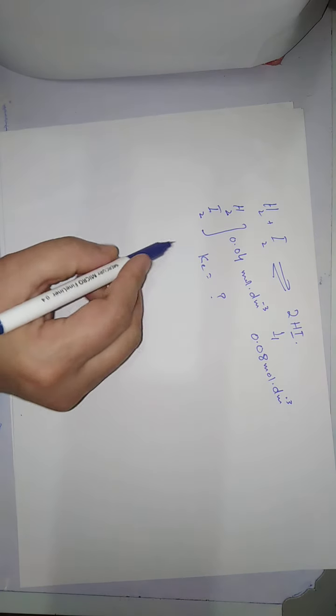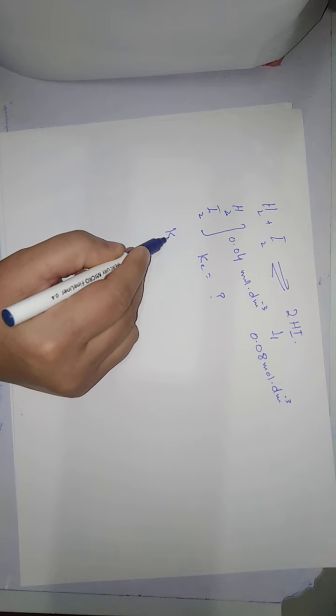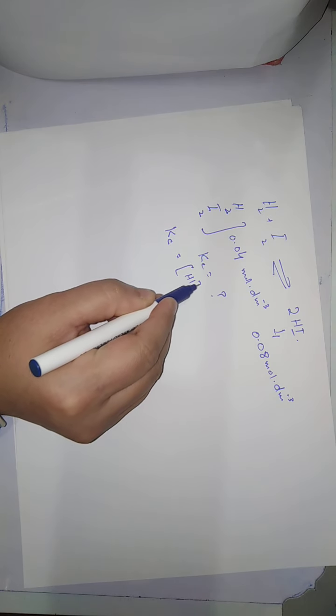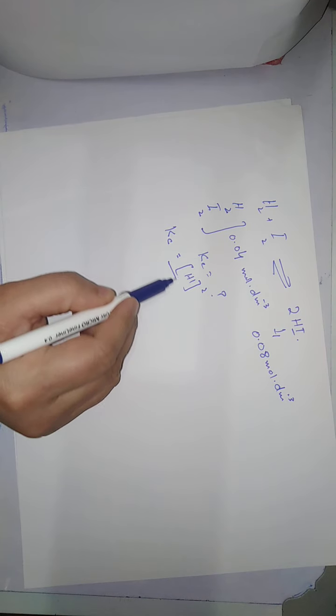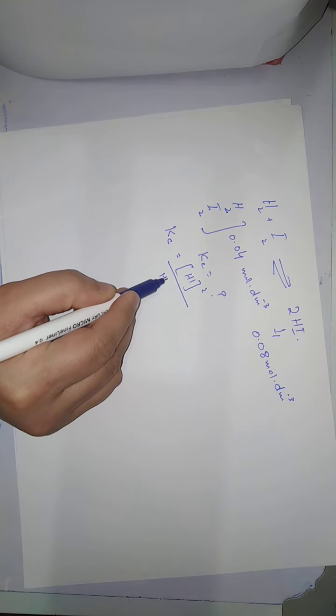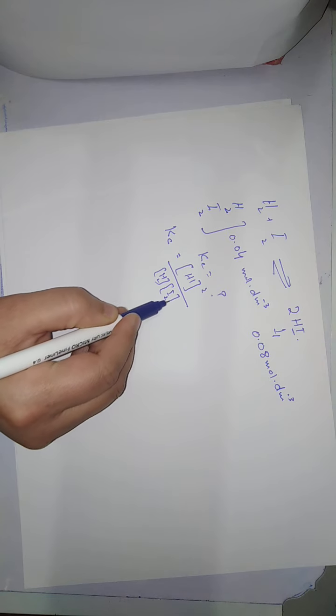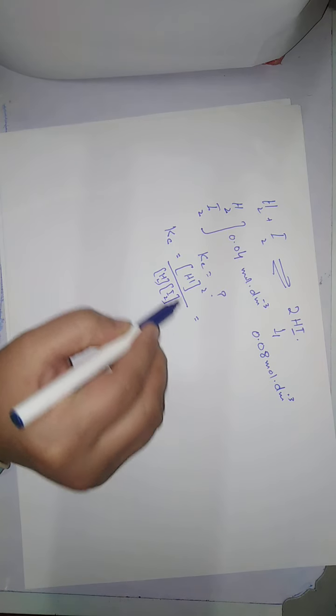For this, we express it in the equilibrium constant expression. Hydrogen iodide squared over molar concentration of hydrogen, molar concentration of iodine. Now put the values.